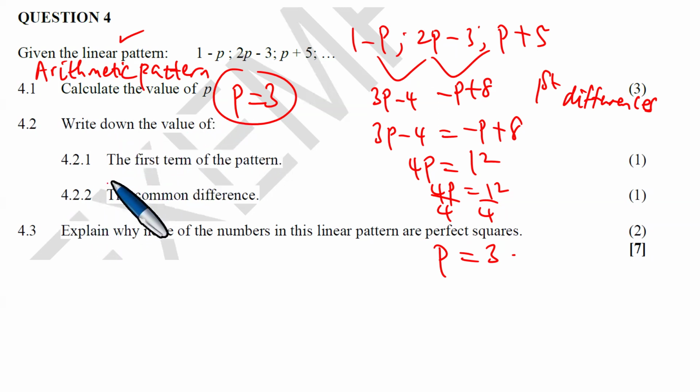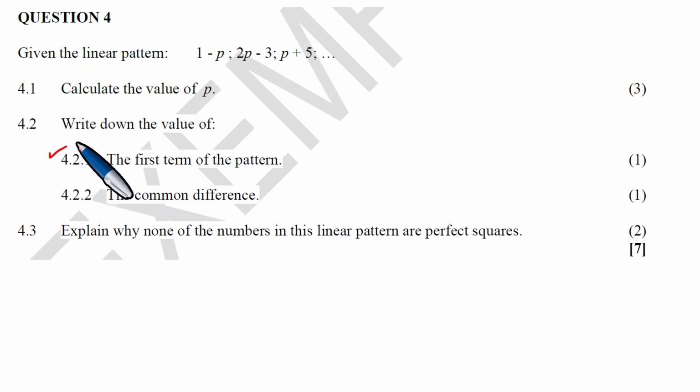Write down the value of the first term of the pattern. Right, we already know that here p is equal to 3, so we can just substitute the value there.